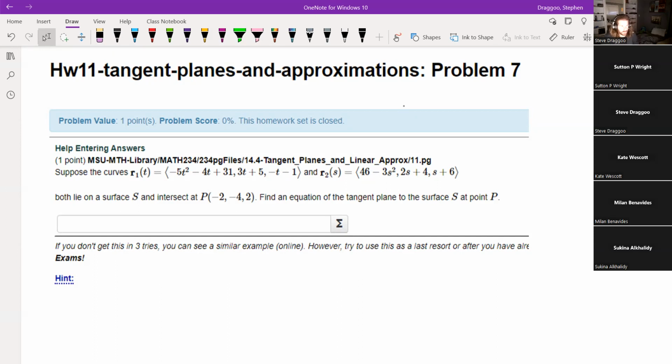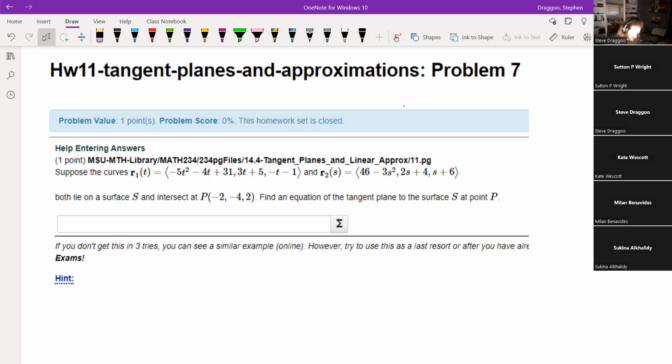So there are a few different steps we'll run through here. Starting with the first step: we know that these two curves intersect at the point P. So what I should do is use that point P to figure out what each of T and S are.